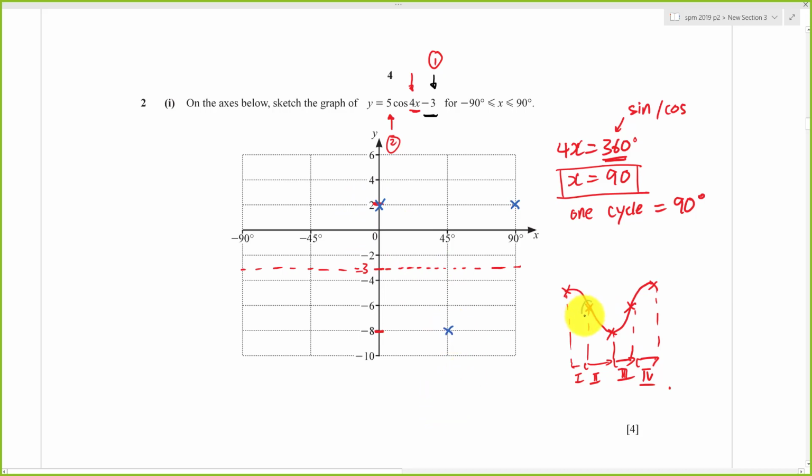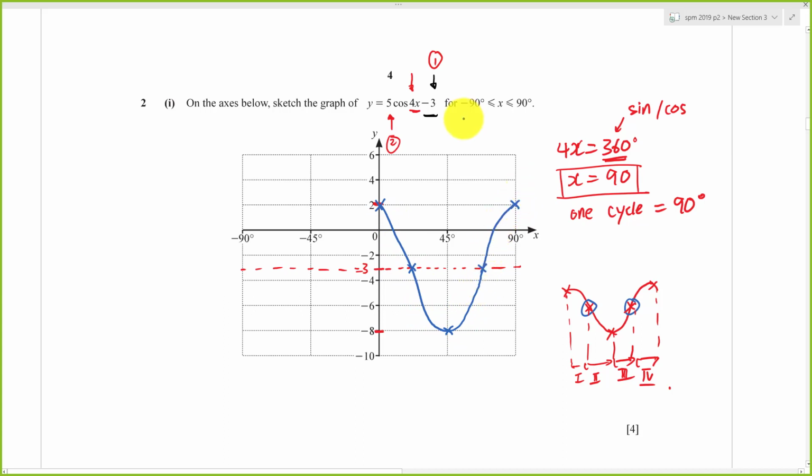Then how about these 2? These 2 will be at a quarter of the cycle, the quadrant. So it will be here, and then this one somewhere here. So this is what happens for your cos graph. You have something like this.